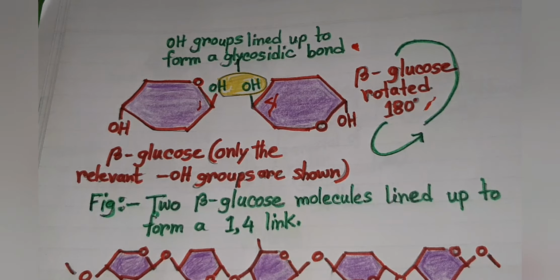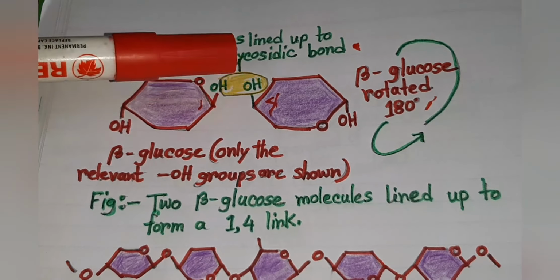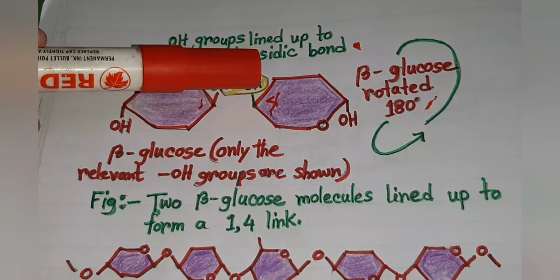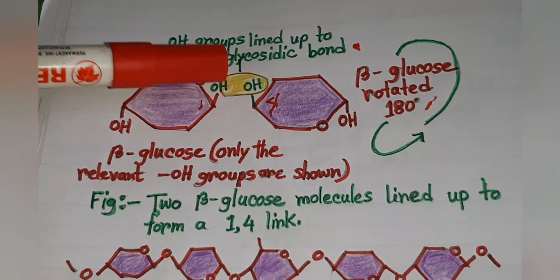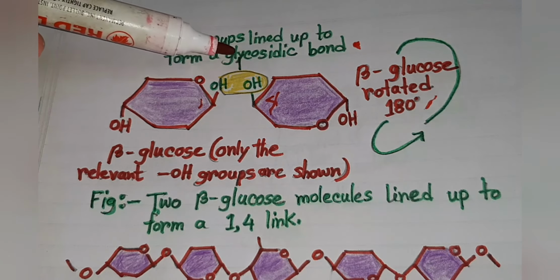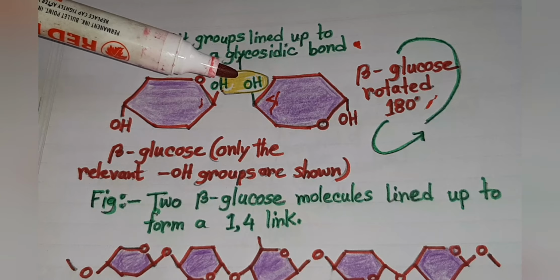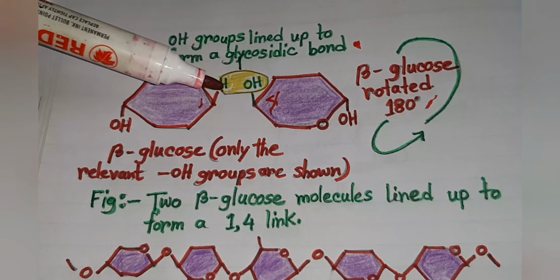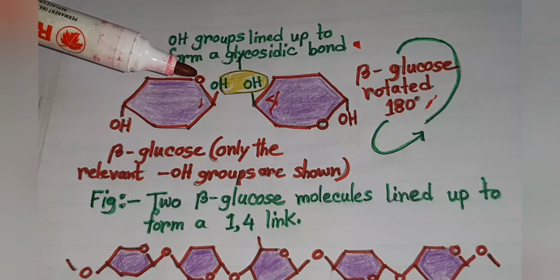So what is a glycosidic bond? In each condensation reaction, two hydroxyl groups line up alongside each other, and one combines with a hydrogen atom from the other to form a water molecule, H2O. This allows an oxygen bridge to form between the two molecules, holding them together and forming a disaccharide.